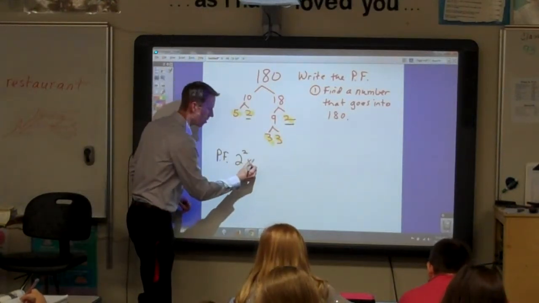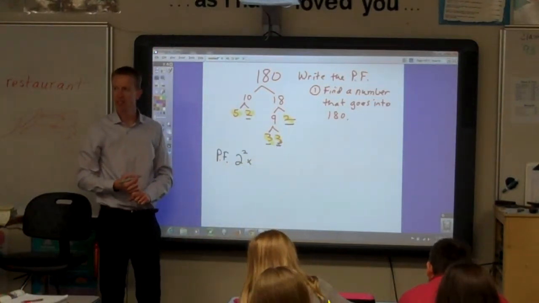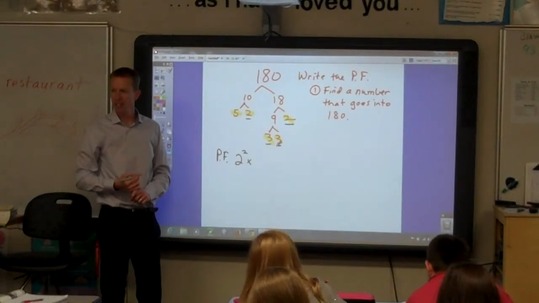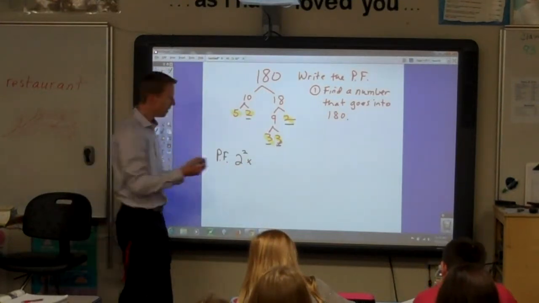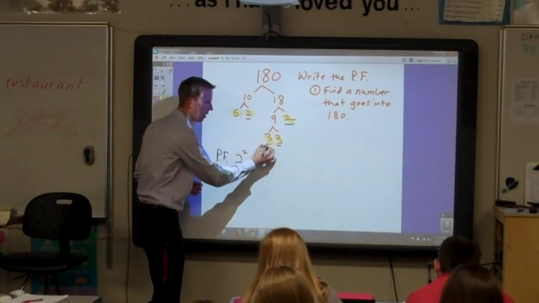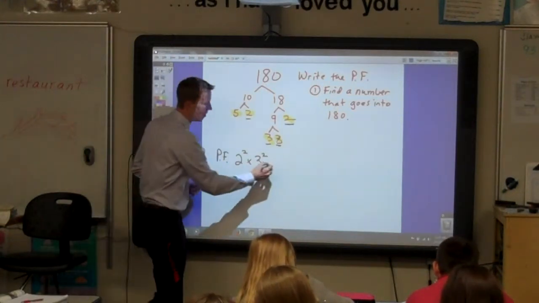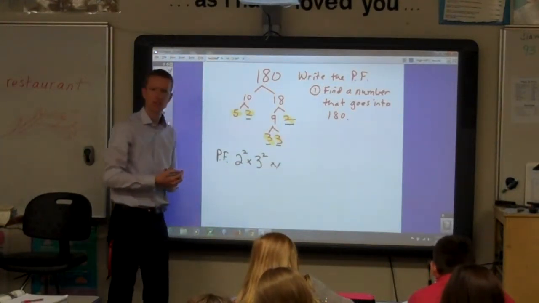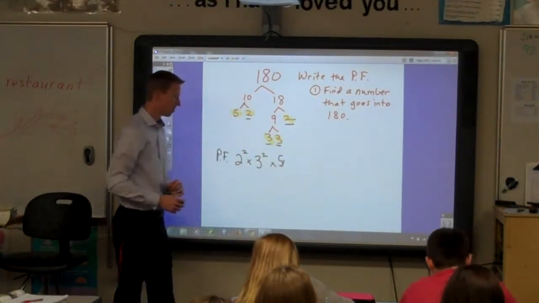Then, write the next biggest and how many there are. What's the next biggest? Class? 3. So it's 2 squared times 3 squared, because there's 2 3s in the formula, times 5.